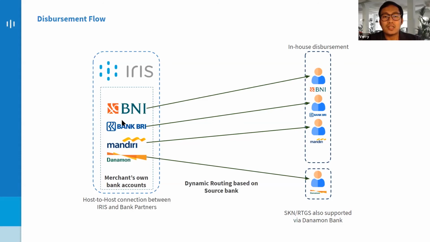And after we get the access to the API, we can execute the disbursement from each of these banks, right? So by using the Iris API, for example, if you want to transfer to BNI, BRI and Mandiri, Iris will access these 3 banks simultaneously, and then we will execute the transfer using the in-house transfer mechanism provided by each bank, right?